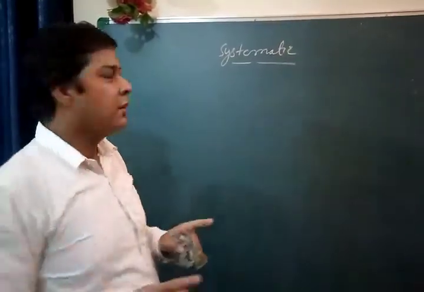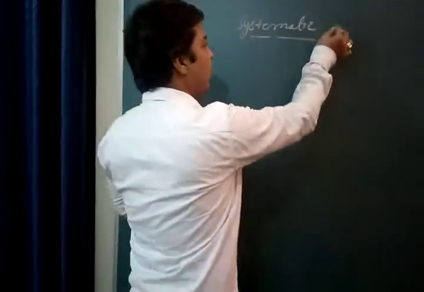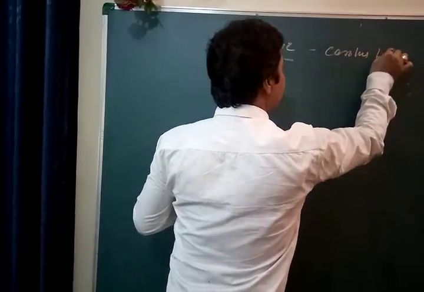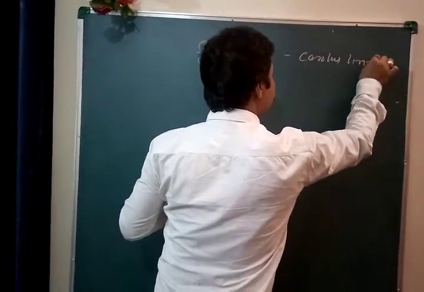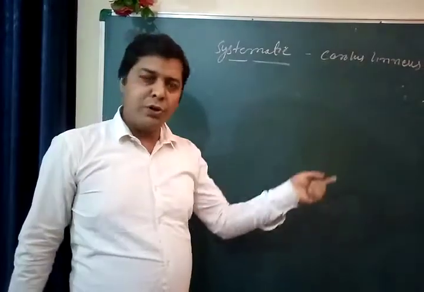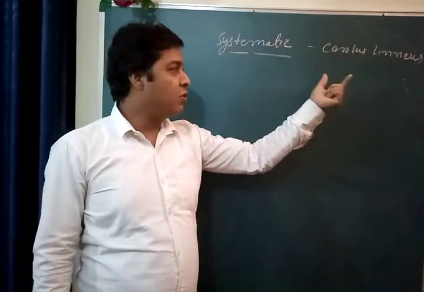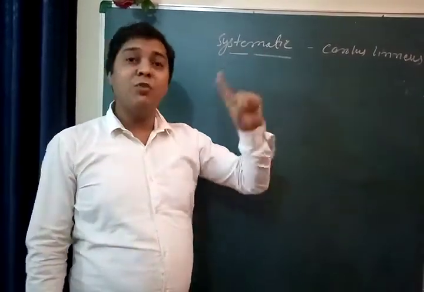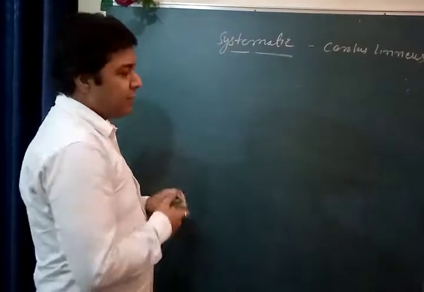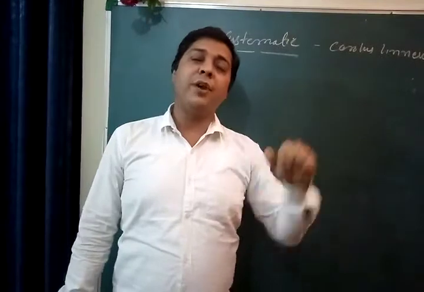See children, the term systematic was again given by Carolus Linnaeus, and I also told you he's known as the father of modern taxonomy. He has also given binomial nomenclature that we have seen already. Systematics means the thing should be in a systematic way.